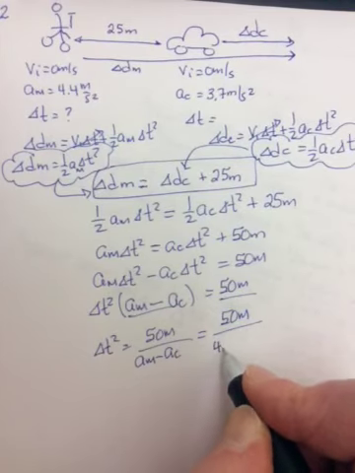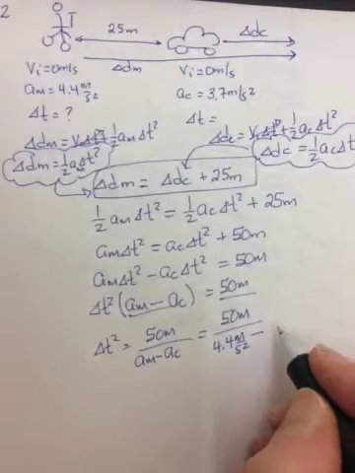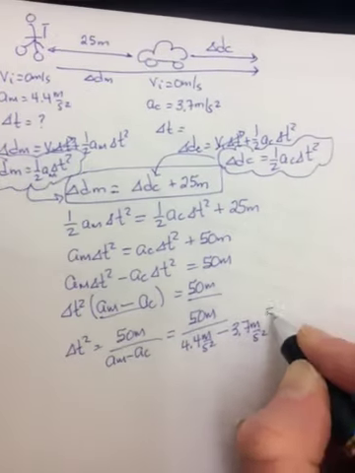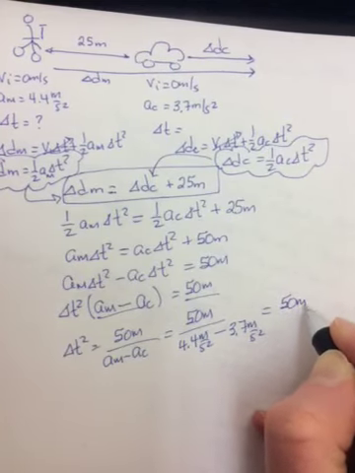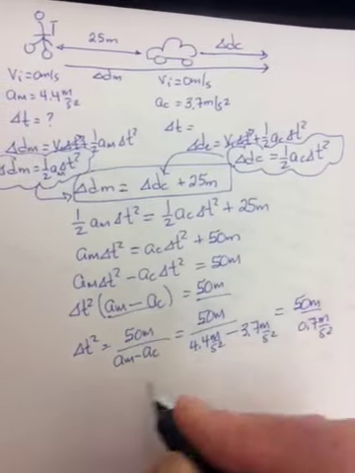Now fill in your numbers. A of the motorcycle was 4.4 meters per second squared, and a of the car was 3.7 meters per second squared. So this becomes 50 meters over 0.7 meters per second squared.